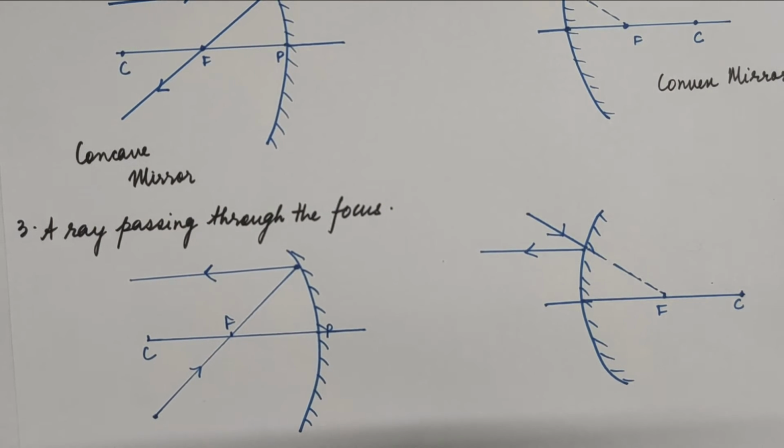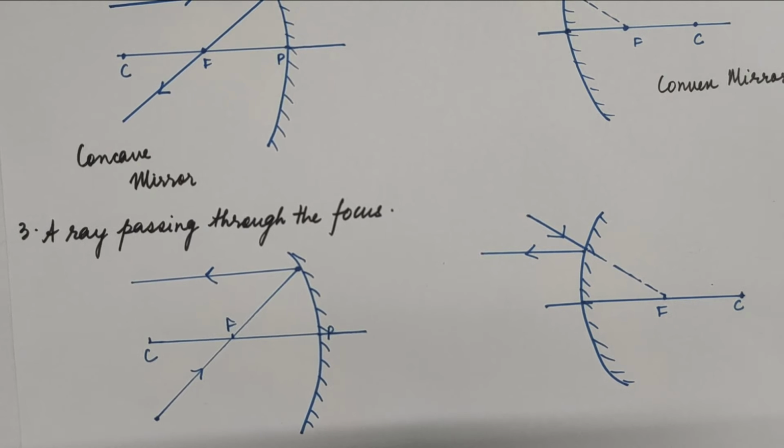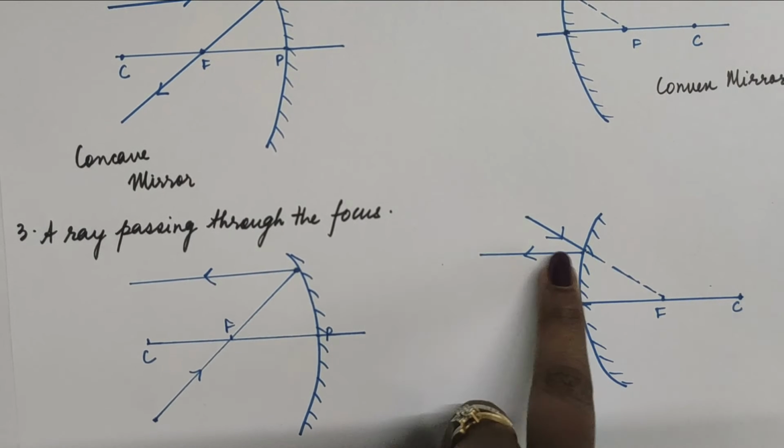So we can say that a ray of light passing through the focus after reflection from a concave mirror will travel parallel to the principal axis, whereas a ray of light which appears to be passing through the focus of a convex mirror after reflection will travel parallel to the principal axis, as you can see here in this diagram.